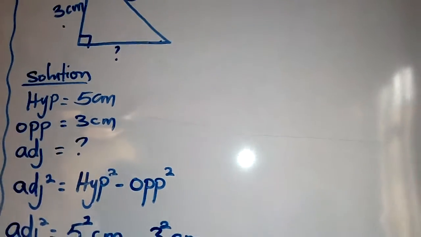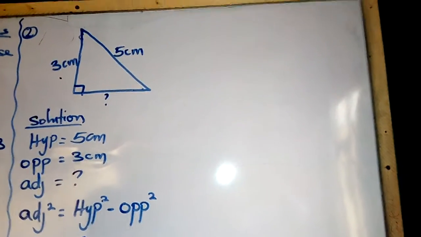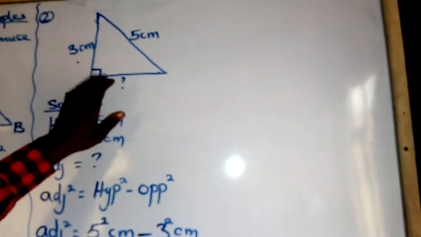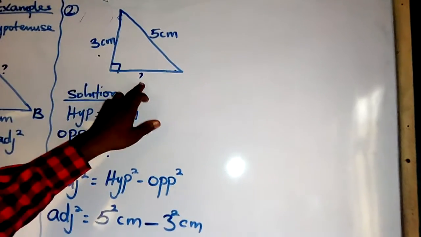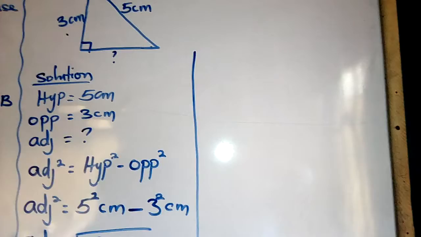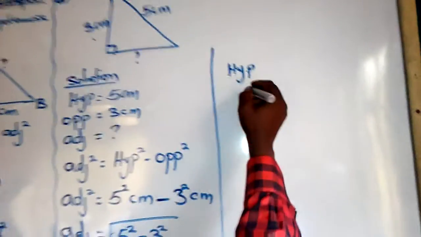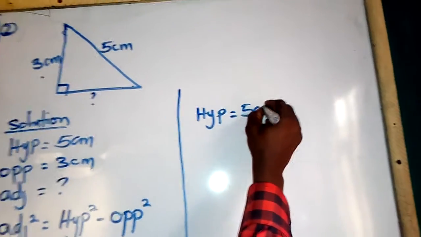Alternatively, assuming that you say this is your opposite. Let us assume that you are naming this side as opposite, which means your hypotenuse is 5 centimeters.